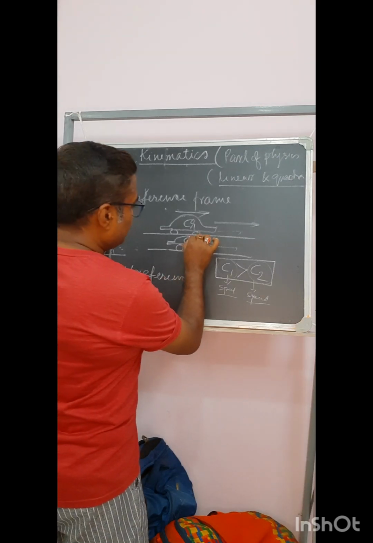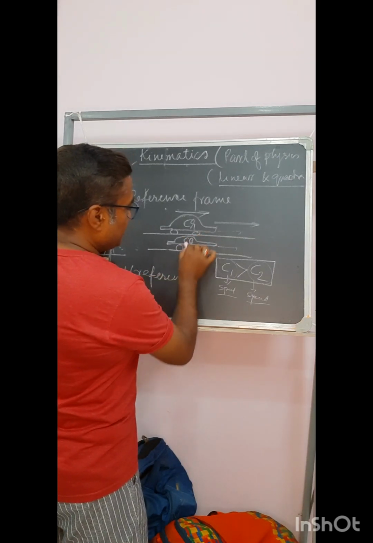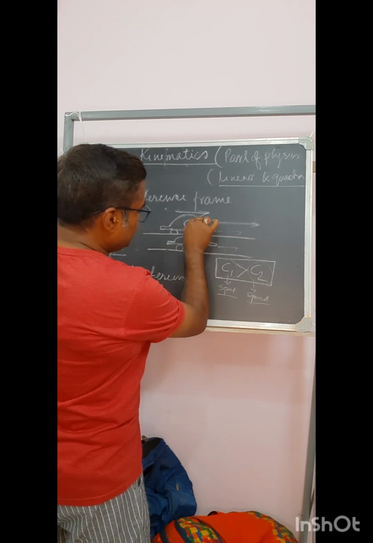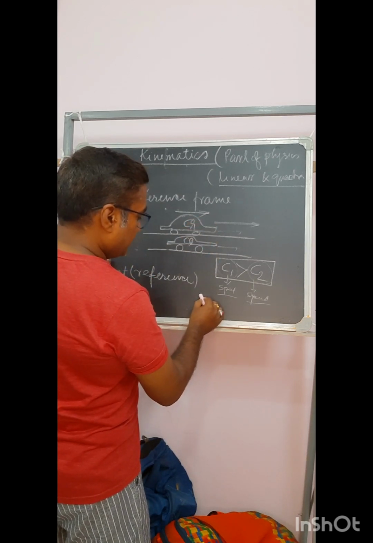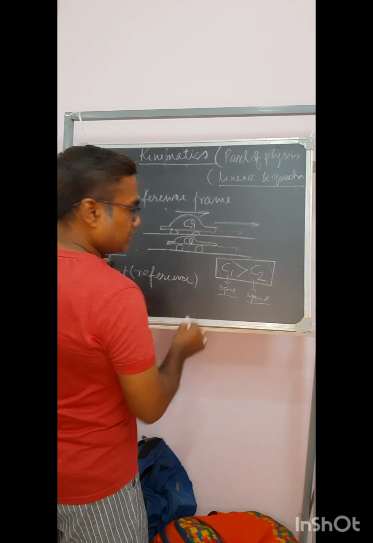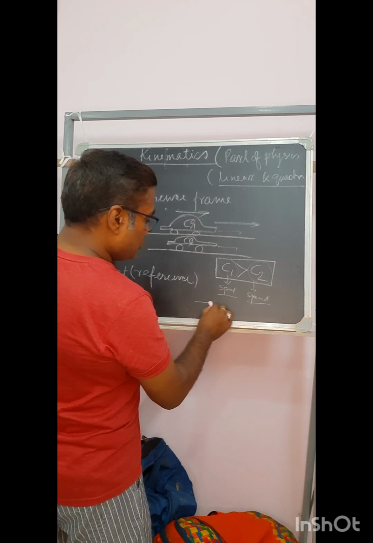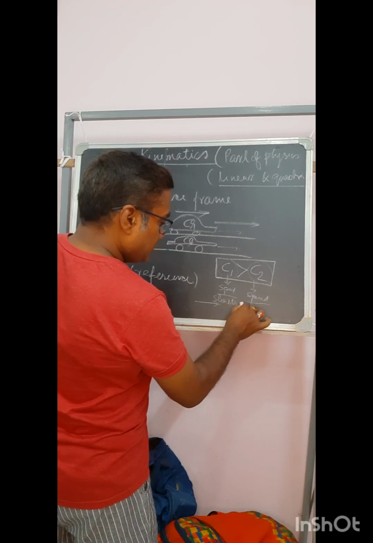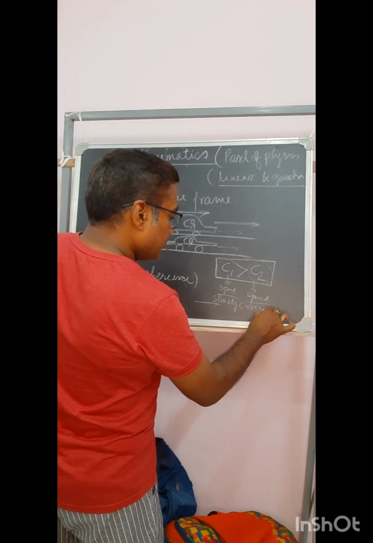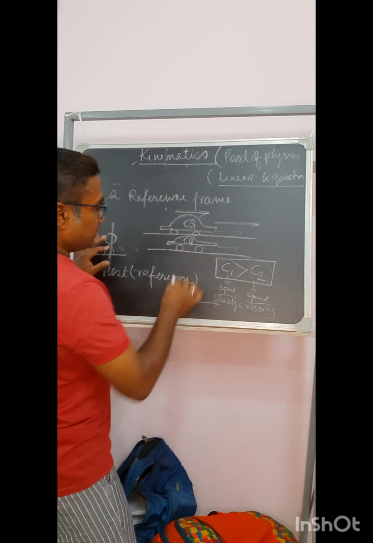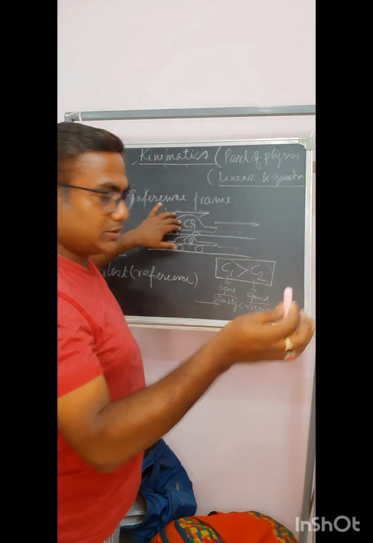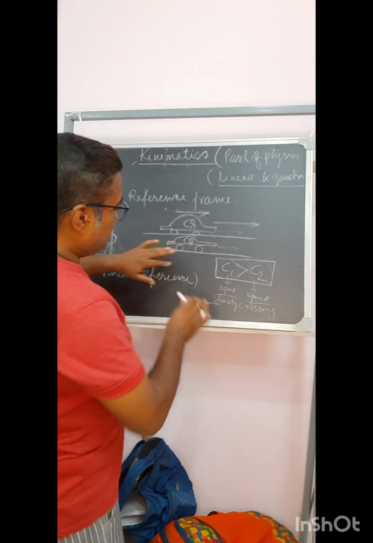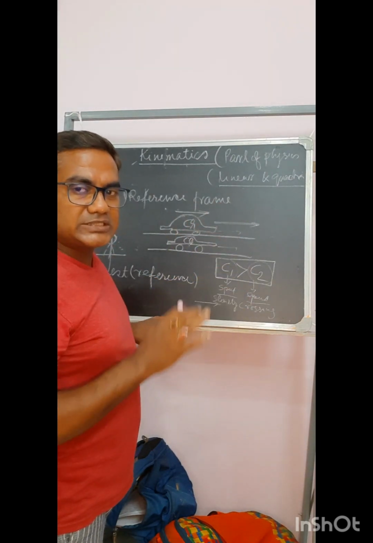But if you consider this driver as the reference frame, and he sees this car, he can tell, yes, this has a higher speed and is slowly crossing me. He would say slowly crossing me. He can sense that this car has higher speed or motion than him, but not too much higher.